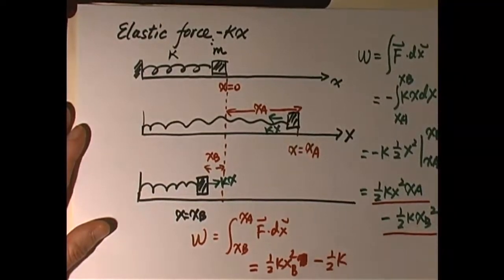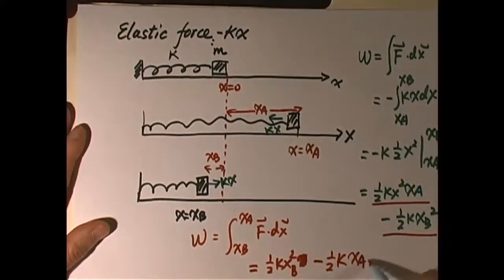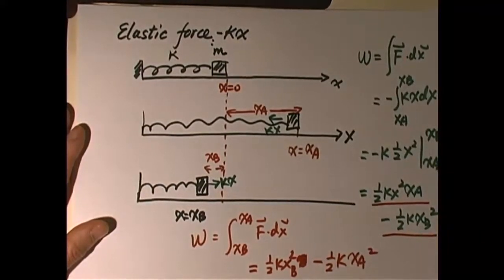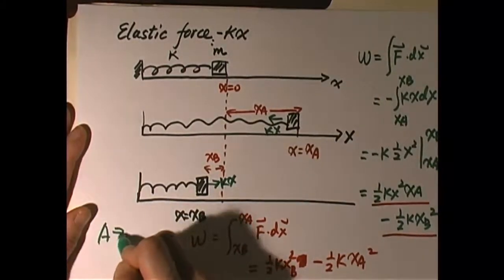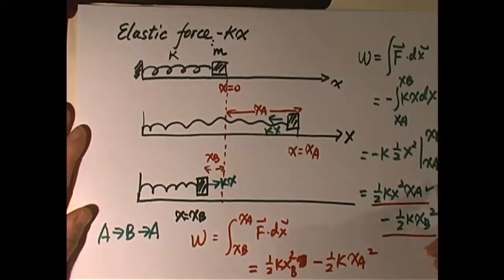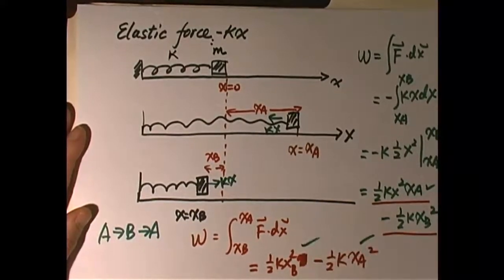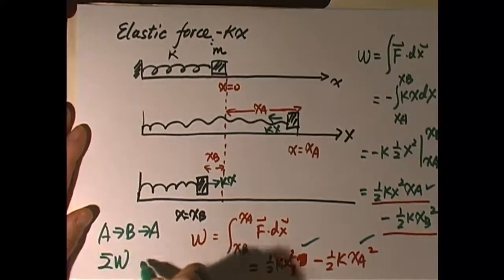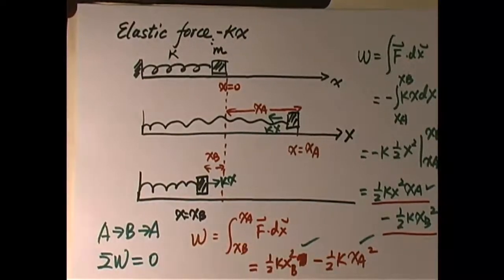When you see b, you replace it by a. So when we finish a closed path, that is from A to B and back to A, we just simply add all 4 terms together, and that comes out, and the work done by elastic force equals 0. So elastic force is a conservative force.